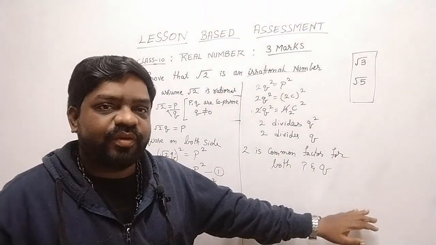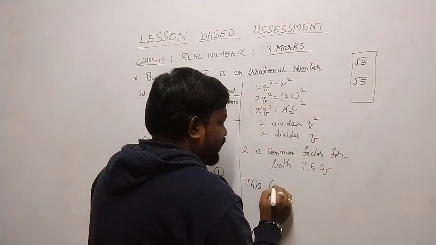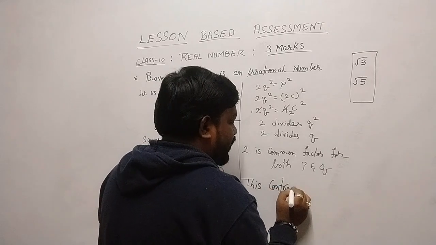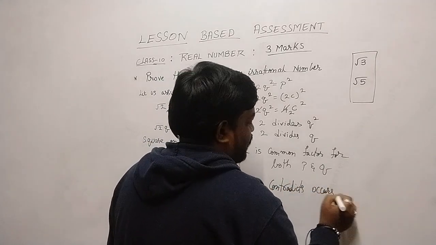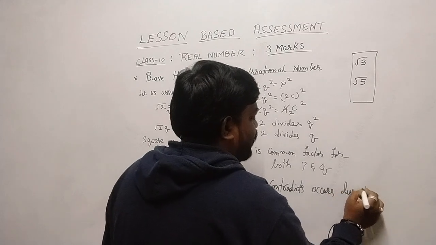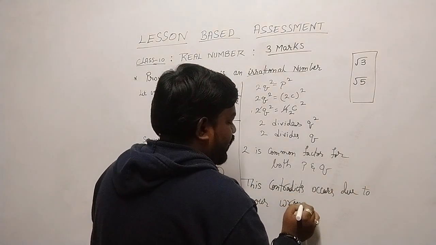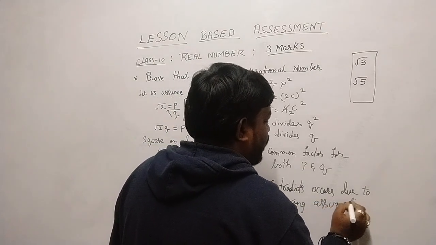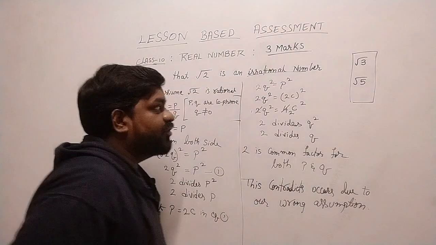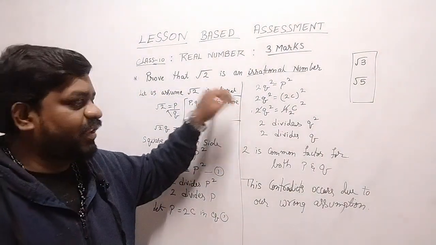So here you need to write the statement, that is, this contradiction occurs due to our wrong assumption. So what have we assumed? We had assumed that root 2 is a rational number.